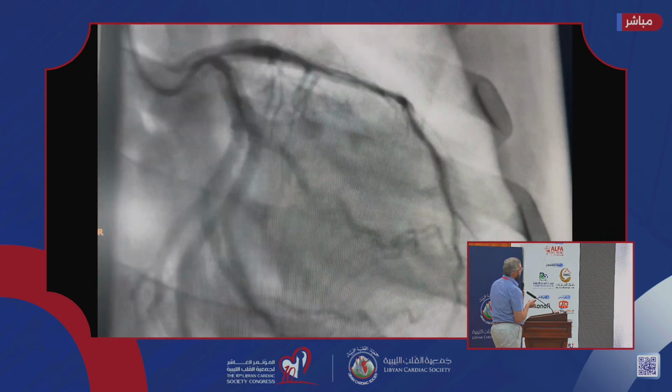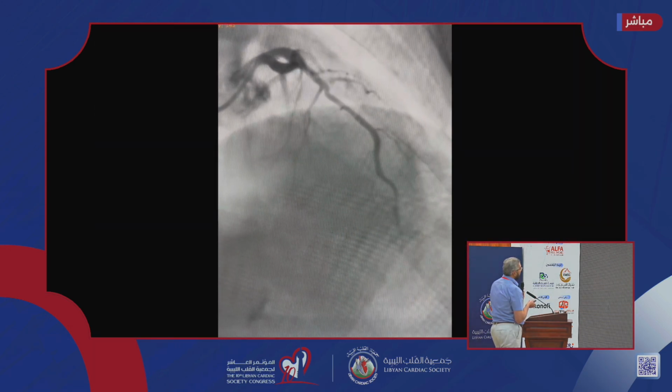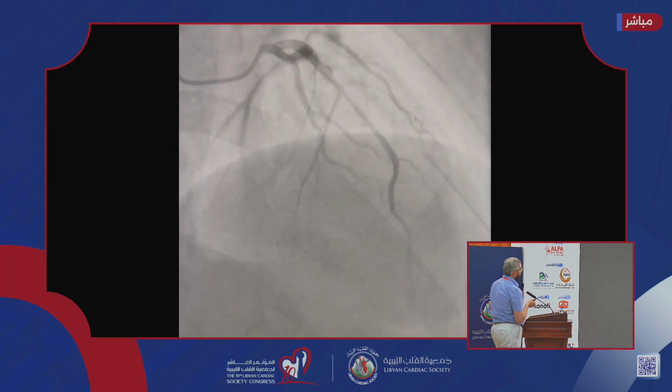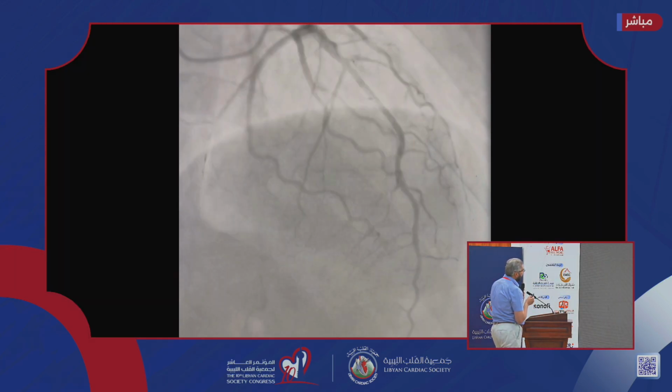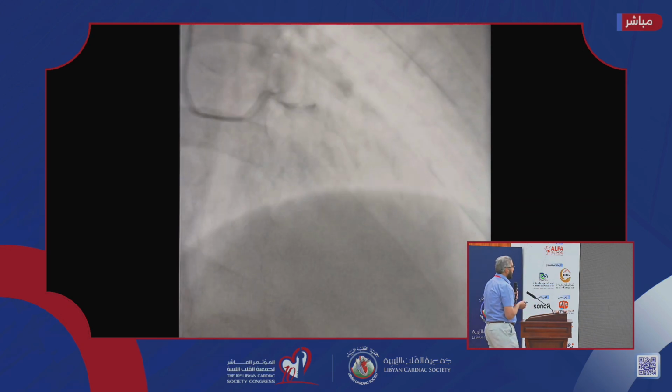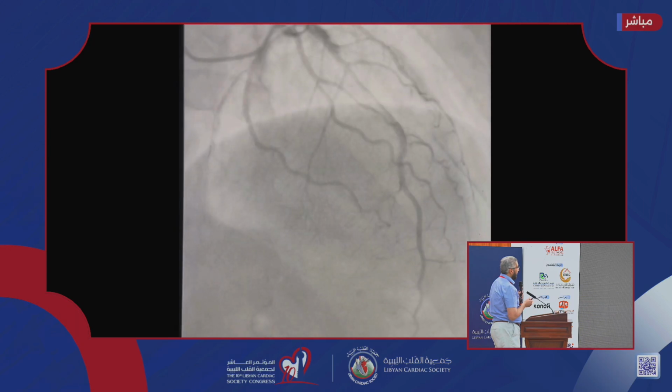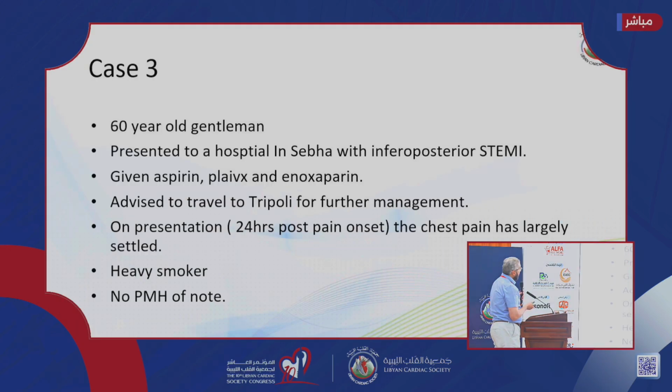And this is what I got. I brought the patient back at 6 weeks, and he was doing very well. There's no remaining lesion. And I avoided stenting that I thought may not help this patient or may cause adverse outcomes.